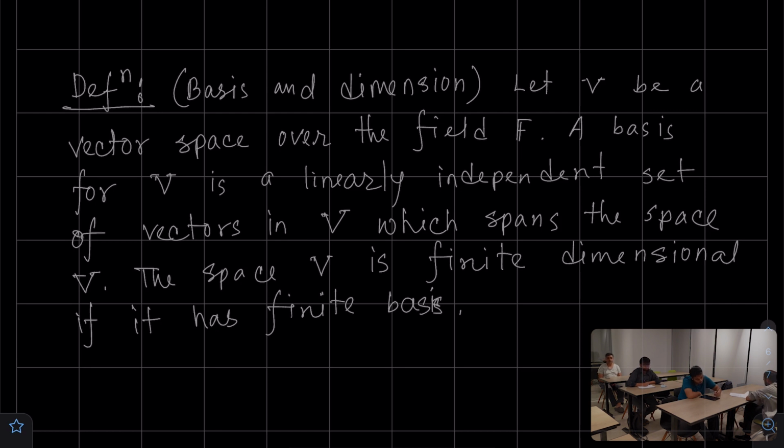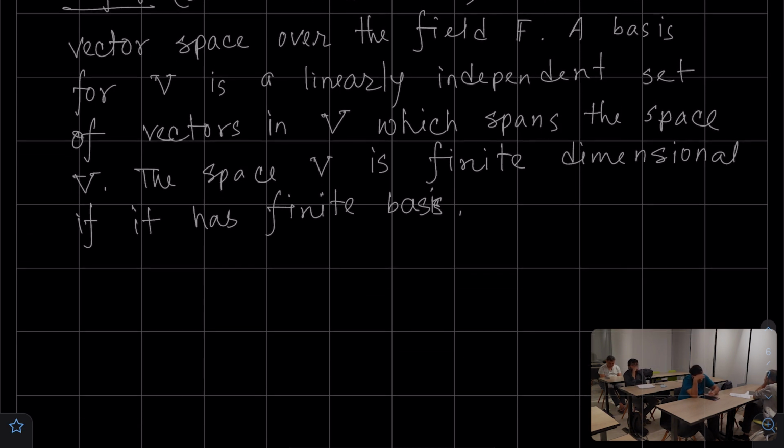So the definition of the dimension is the number of elements that consist in the set S which spans the vector space, which is also linearly independent.